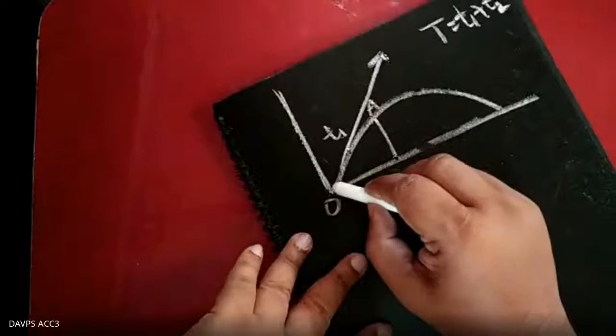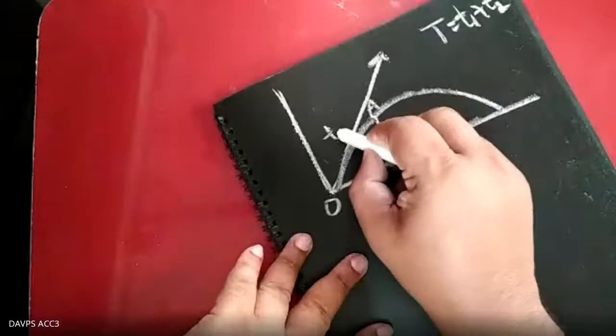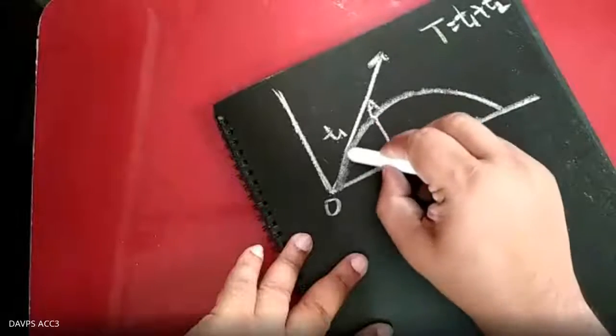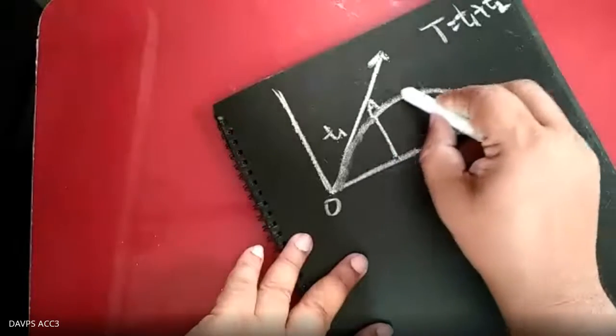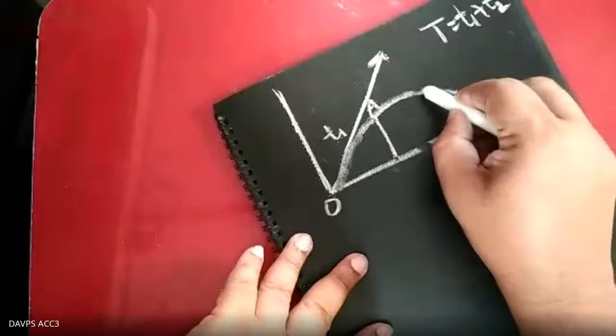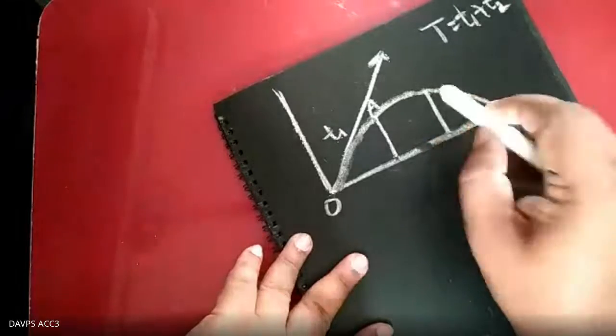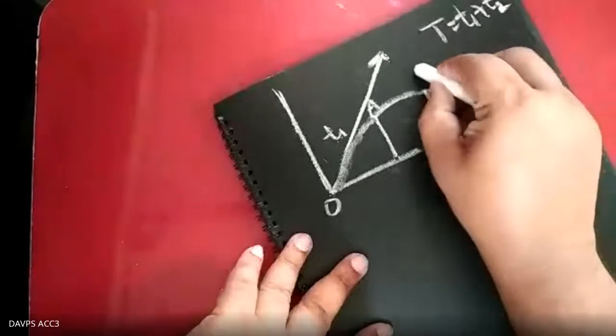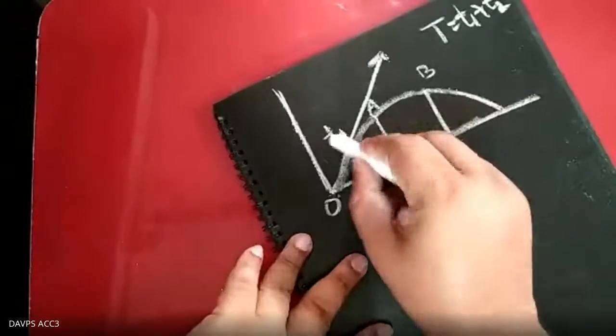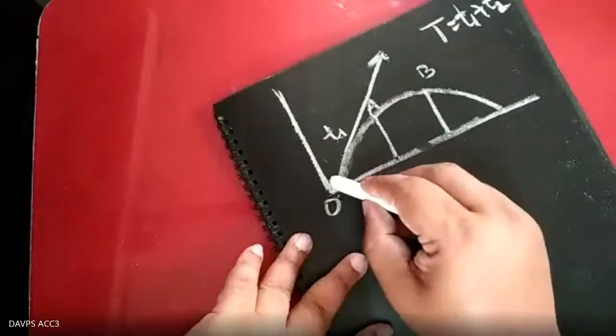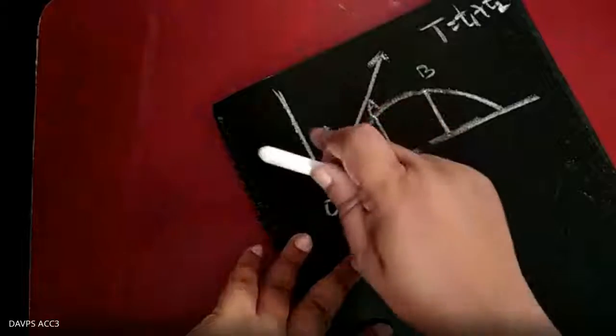When the particle goes from O to A, the time taken is T1. When the particle moves from O to B, which is also at the same height, this is B. From O to A the time taken is T1. From O to B the time taken is T2.